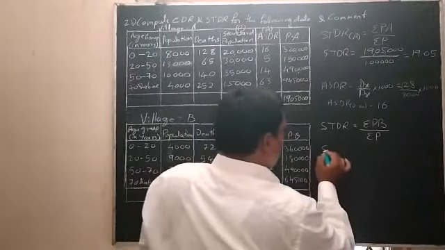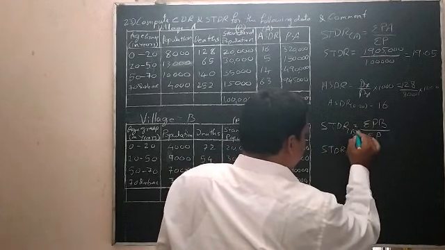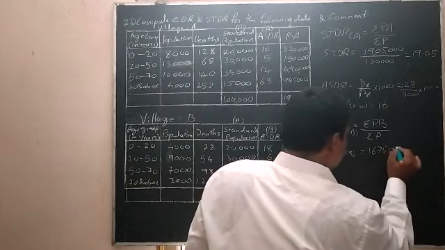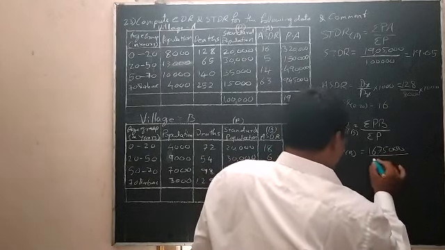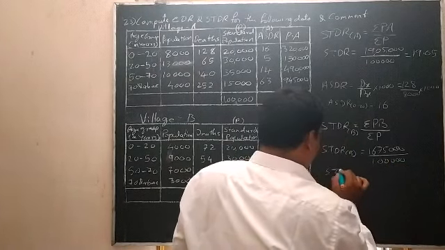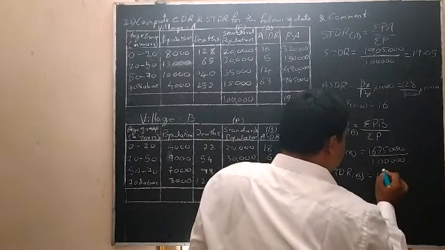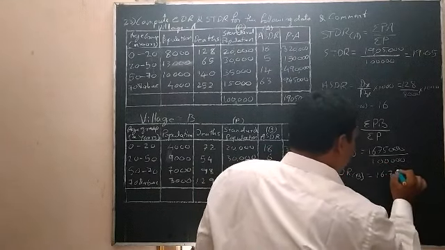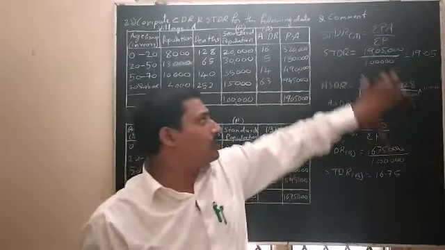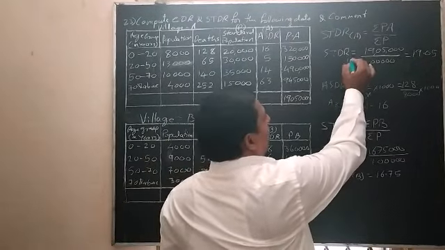So STDR for location B is equal to 16,75,000 divided by 1 lakh, so STDR for location B is 16.75.